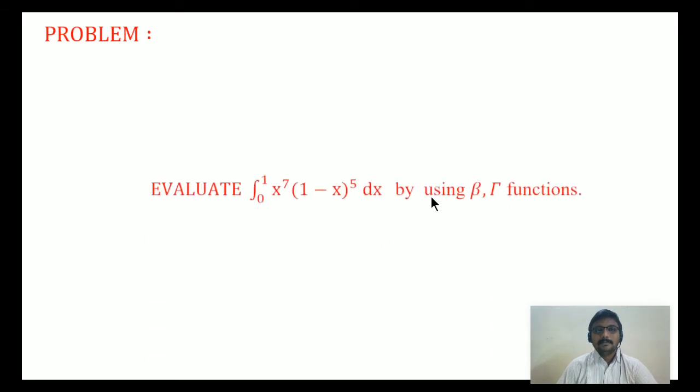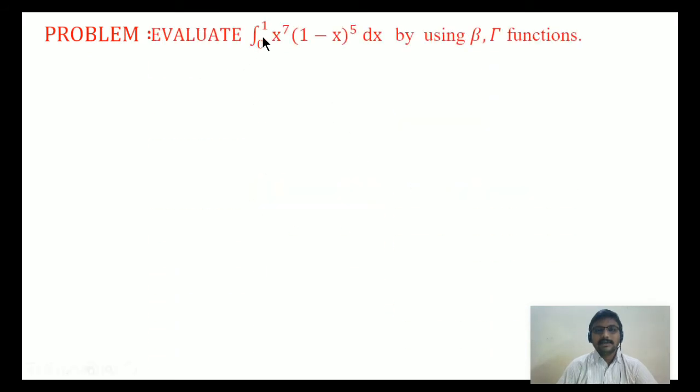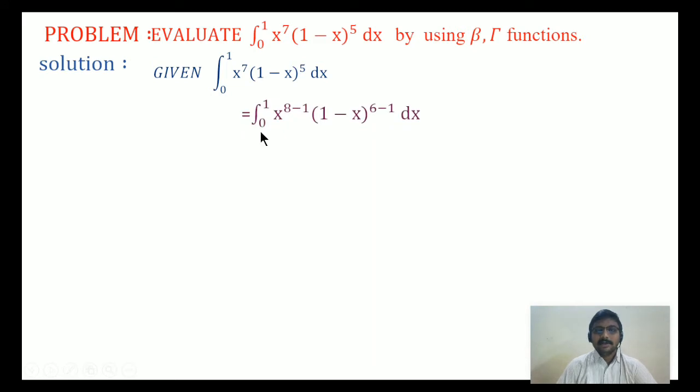Problem: evaluate the integral from 0 to 1 of x power 7 (1 minus x) whole power 5 dx by using beta and gamma functions. Solution: given the integral from 0 to 1 of x power 7 (1 minus x) whole power 5 dx, 7 can be written as 8 minus 1, and 5 can be written as 6 minus 1.